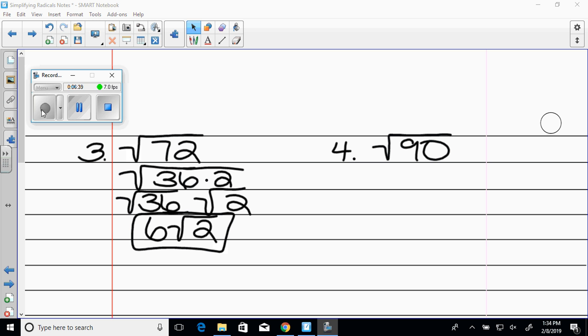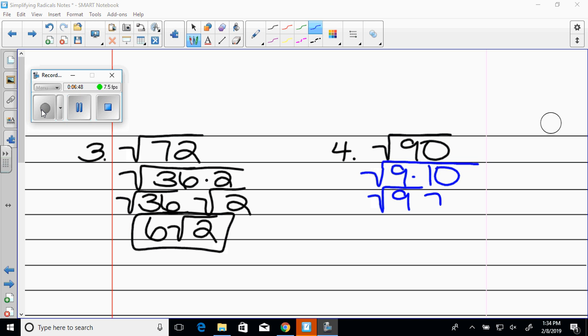All right, so if you look at square root of 90, the factors would be 9 times 10. So then we pull them apart. Square root of 9 times the square root of 10. So the square root of 9 is 3. Can't simplify square root of 10 anymore. So you should have been left with 3 root 10.